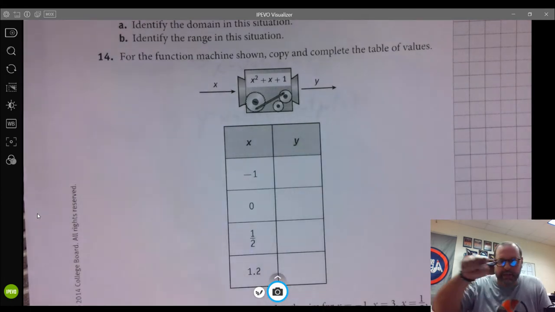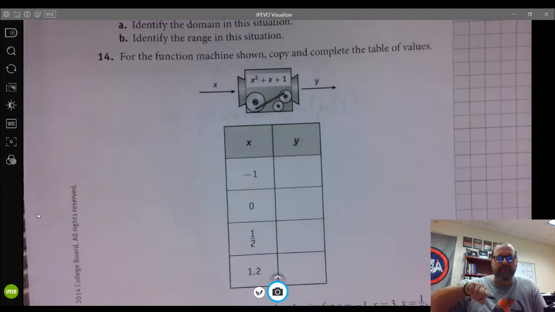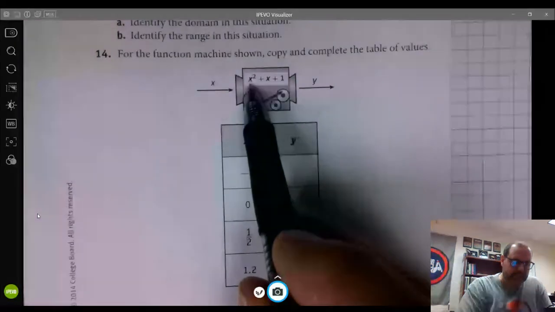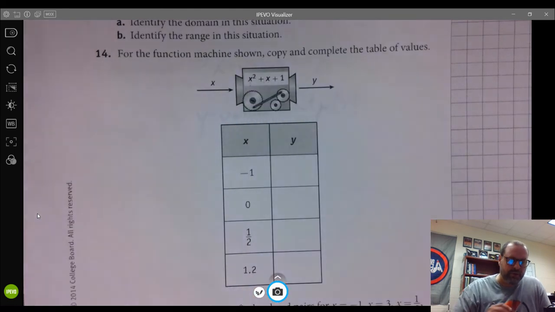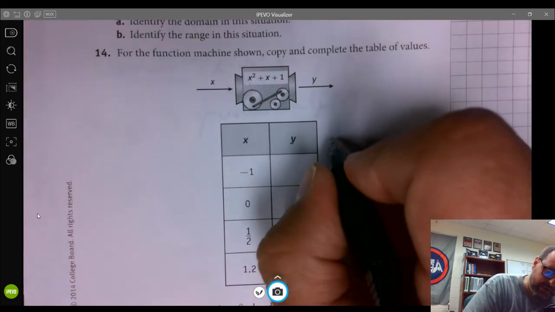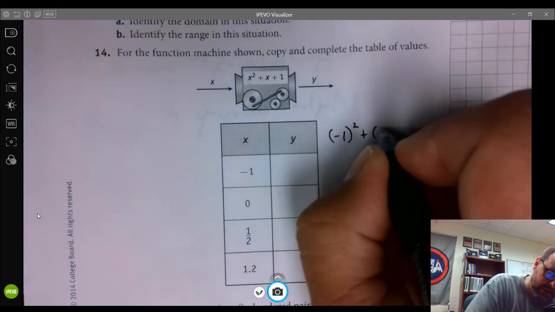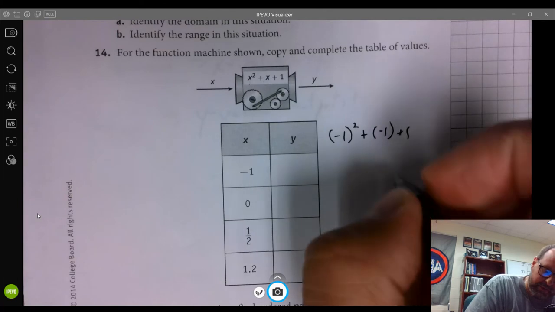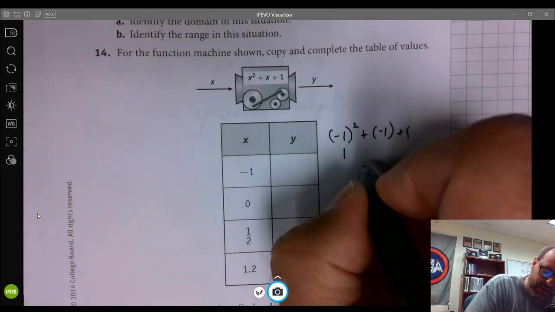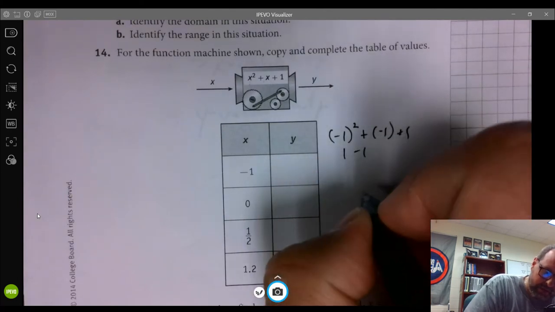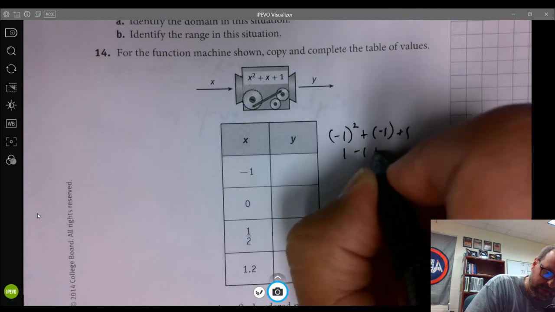It's trying to show it's like a machine that churns it out. You have an input, X, inputted into x squared plus x plus 1, and you get an output. I'm just going to do this first one. It'd be like doing negative 1 squared plus negative 1 plus 1. Negative 1 squared becomes positive 1, negative 1 here, plus 1.